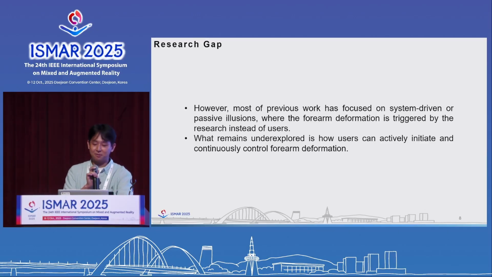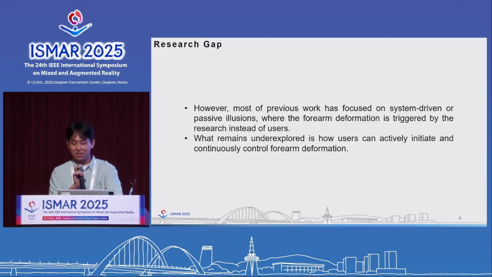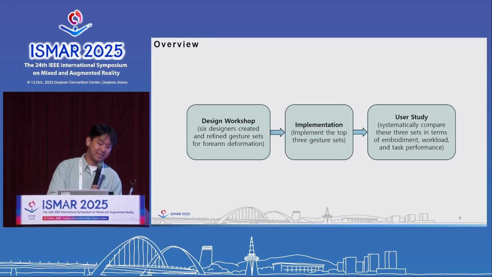What's still unexplored is whether users can actively initiate and continuously control forearm deformation themselves. In other words, we don't yet know how gesture-based input can provide precise, embodied, and intuitive control of beyond rear forearm deformation in VR. To address this gap, our research follows three main steps.